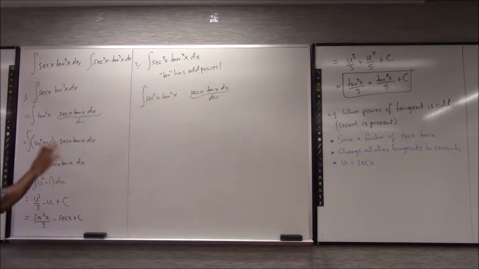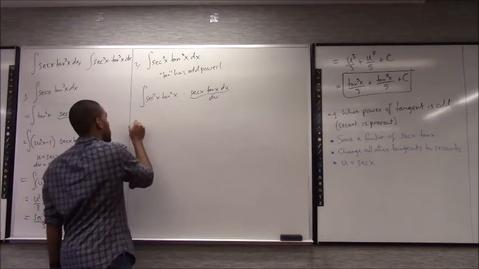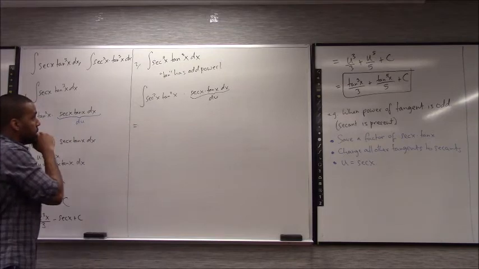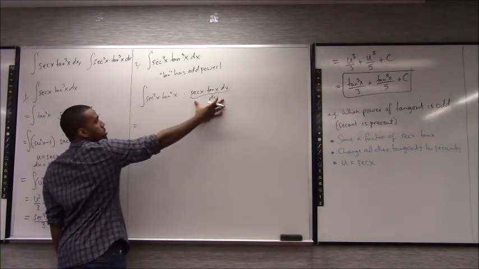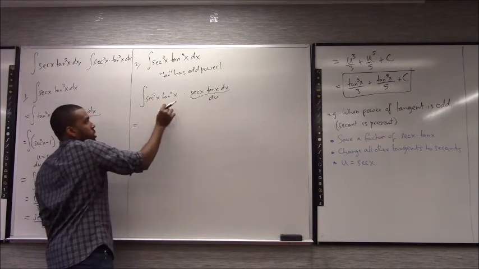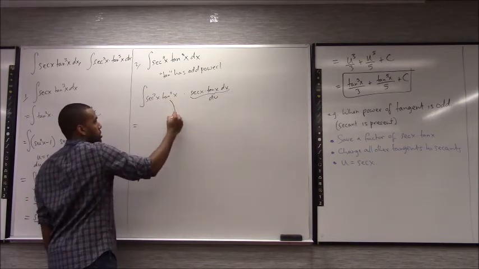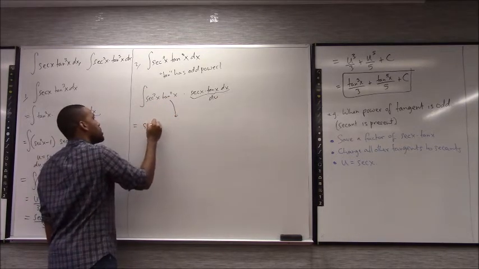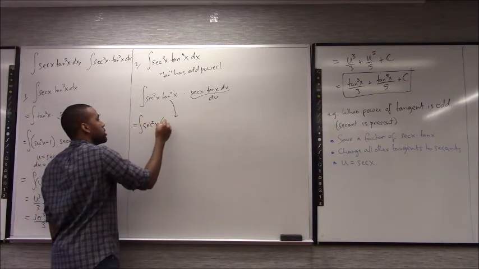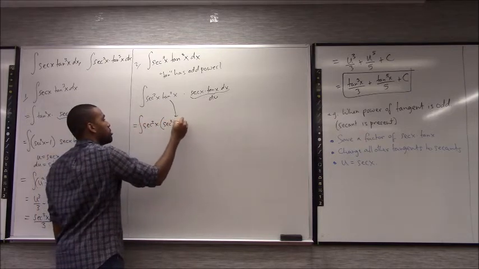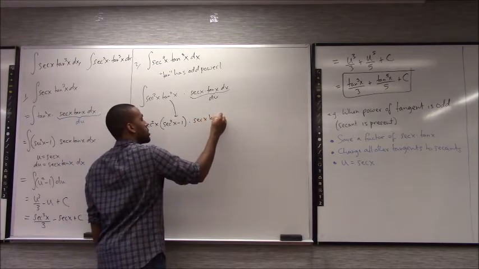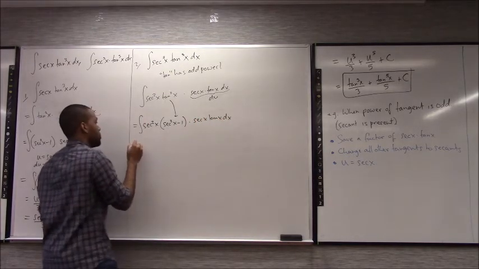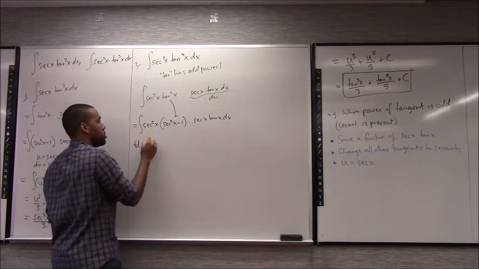There are some weird situations with secants and tangents, but we'll get to that soon. Because that's my du, it means I only want secants over here, so I'm going to change that tangent. So this is secant squared x. Tangent squared would be secant squared minus 1. So I'm going to let u equal secant.